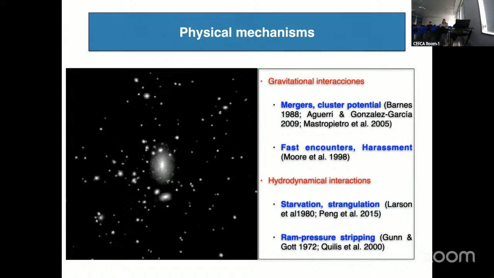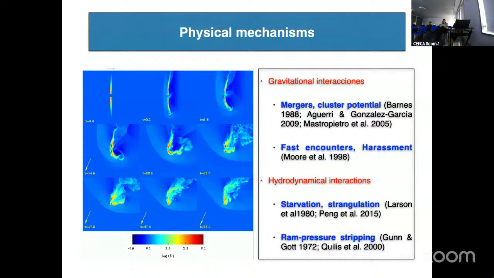But not only mergers, also fast encounters, what is called harassment, influence the properties of the galaxy. But also in high density environments like galaxy clusters, there are hydrodynamical interactions, okay? Strangulation, gas stripping, all of these processes are sweeping the gas from the galaxy, which affects the formation of new stars.